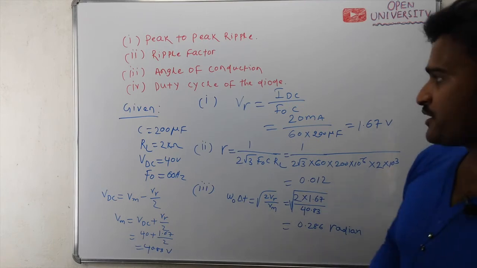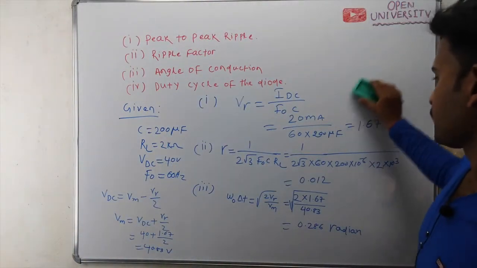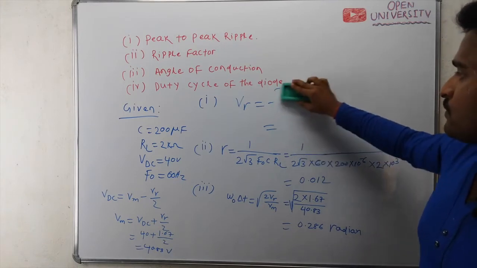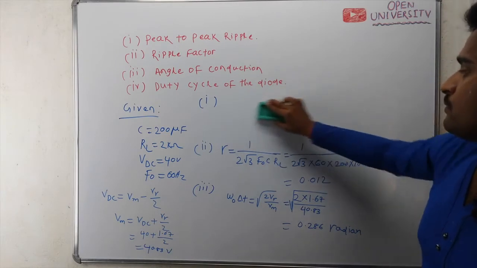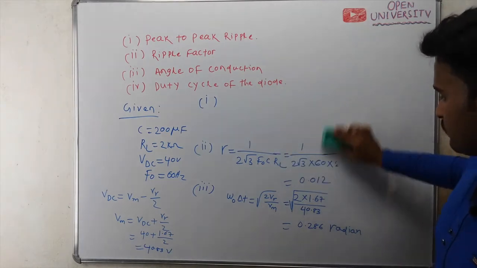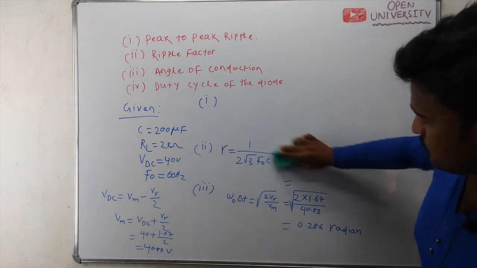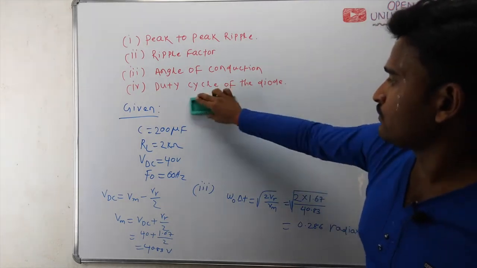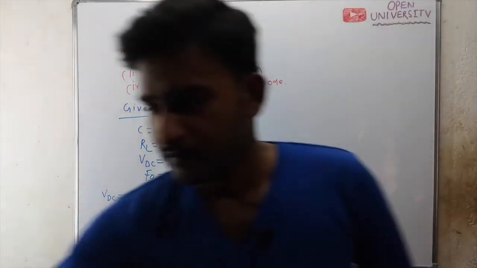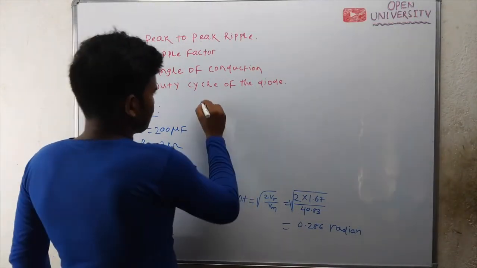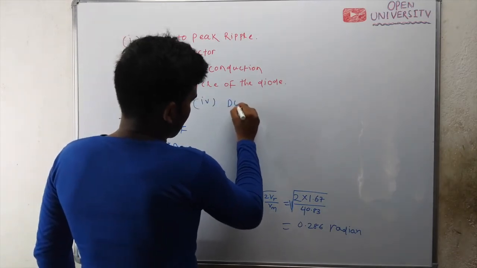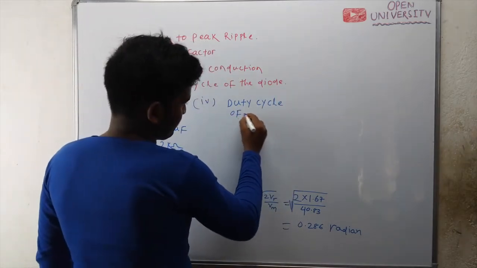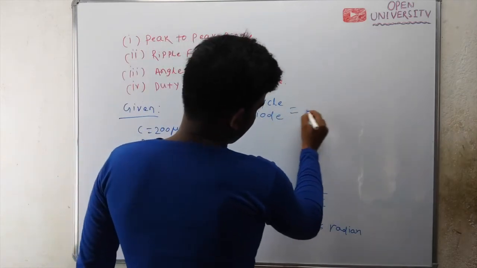Fourth point is duty cycle of the diode. What is the duty cycle formula?